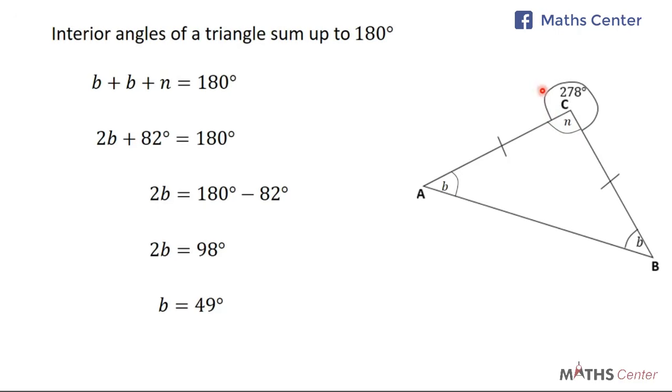We have been given this outer angle here, so all we needed to do is add the value here to the one that you have outside here, then that will give us 360 degrees. We use that to find N here. Then we use the fact that interior angles of a triangle sum up to 180 degrees to find the value of B. Let's take another question.